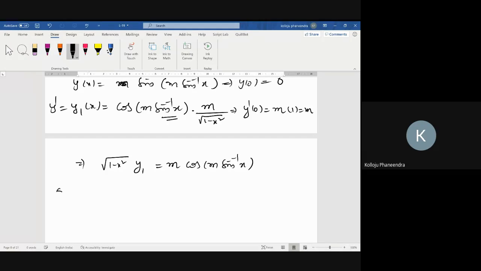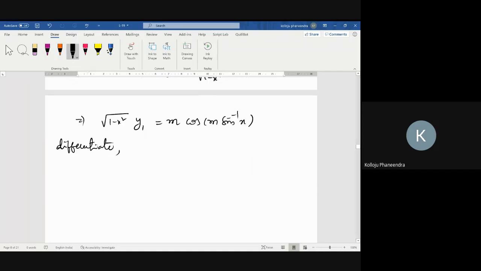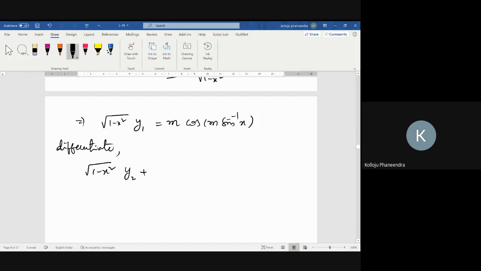Next, now differentiate. 1 minus x square is constant for y1's derivative y2. Now y1 is constant for the root, and the derivative is this. Equal to, now coming to this, minus m sine of m sine inverse x, and this is m by root over 1 minus x square, the derivative of m sine inverse x.